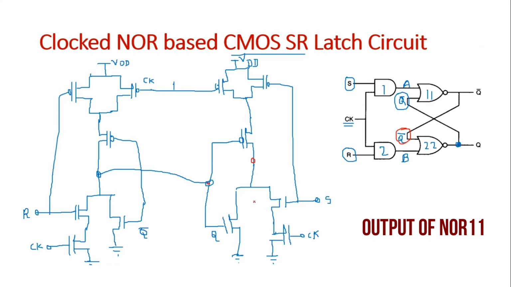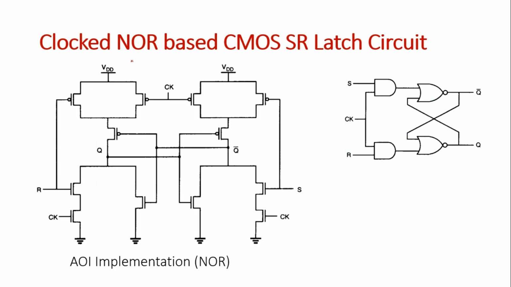So here this is the output of the S and clock. So this is the output point, and this is the Q bar point which is connected over here. So this is how we can completely design the clock NOR based CMOS SR Latch circuit. So this is a clock NOR based CMOS SR Latch circuit. We have already designed this.